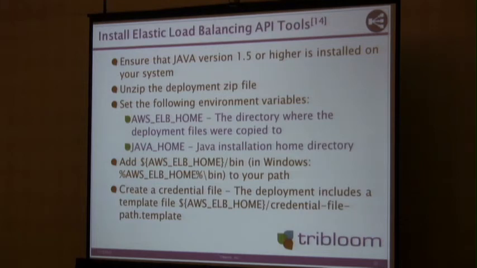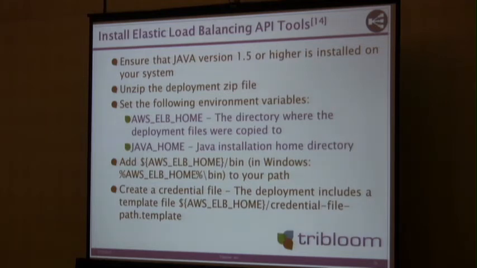You'll need to have Java 1.5 or greater installed. You'll need to unzip the archive that has the ELB tools in it onto your machine, set the AWS ELB home to that directory where you unzipped everything. Of course, you'll need to have your Java home set.